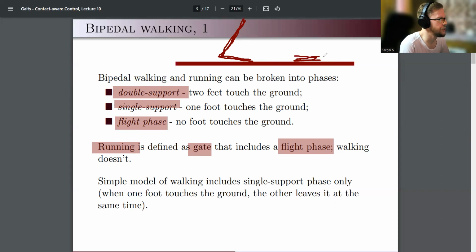Another option is if your foot touches the ground in many places, with your toe but also with your heel. And lastly, you could imagine you touch the ground with your heel only. Different types of contact are possible, and during human walking, all three are present.